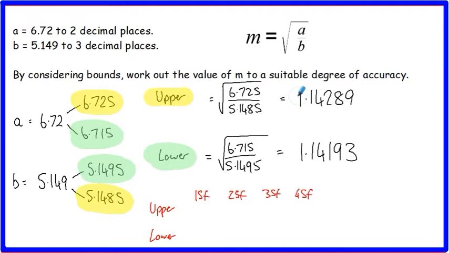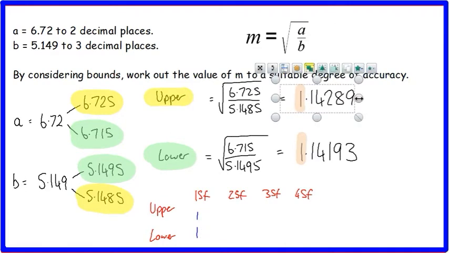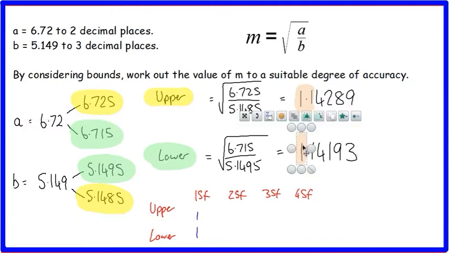Okay, so one significant figure, the 1 does not change that, it is 1. Two significant figures, that is 1.1, 1.1.